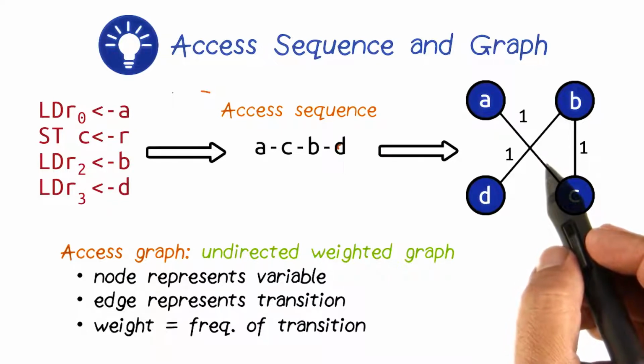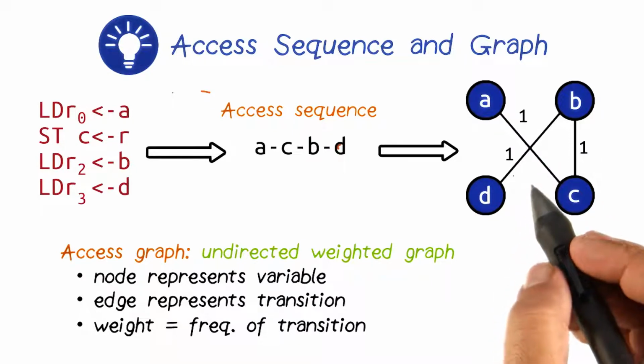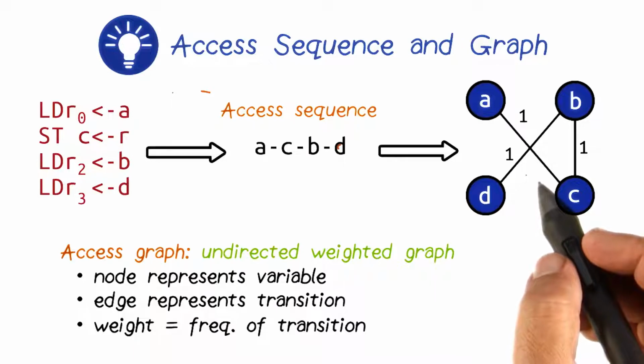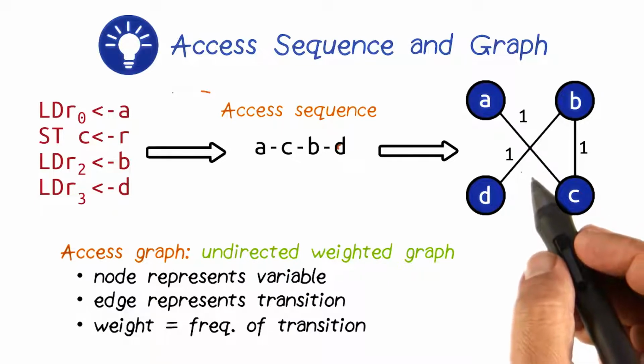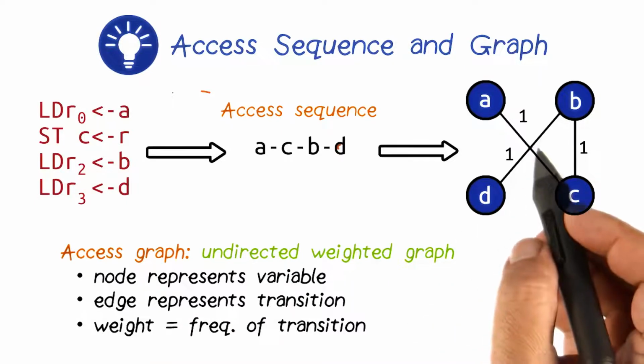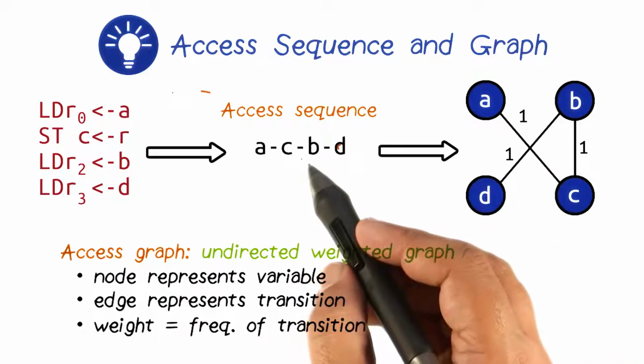And then if we are again going from C to A, it will also be counted 1. So the total frequency in such case will be 2. So in other words, it doesn't matter which direction we traverse here. The direction is irrelevant, and that's why this is undirected.